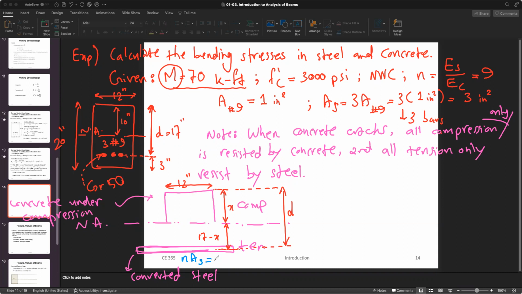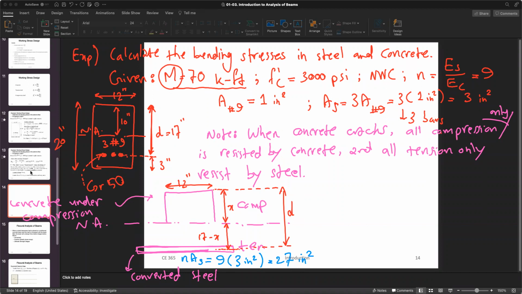Don't be mad at me if it doesn't click. Two different materials, we convert them, make them the same, and then find the moment of inertia. So modular ratio between steel and concrete, 9 times As, which is 3 square inches, gives 27.